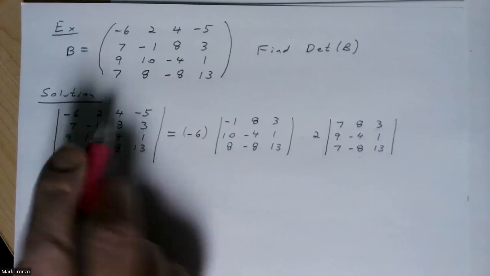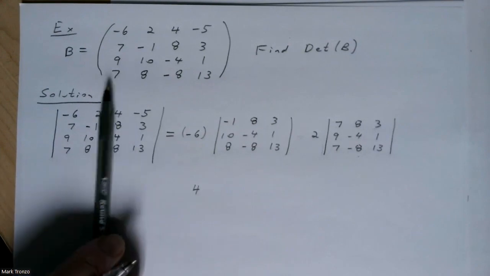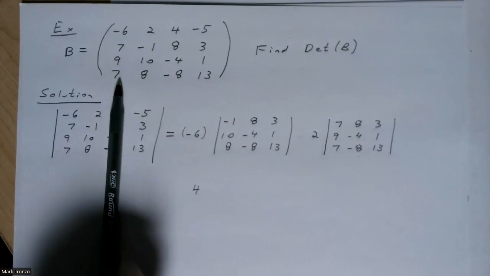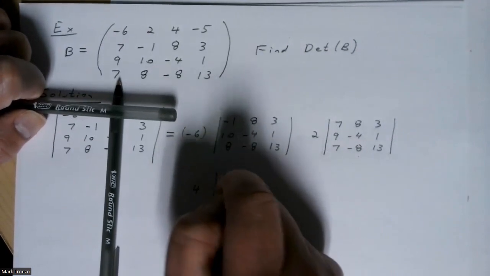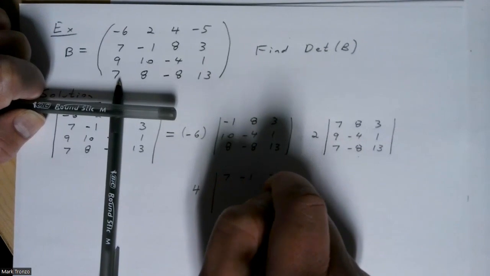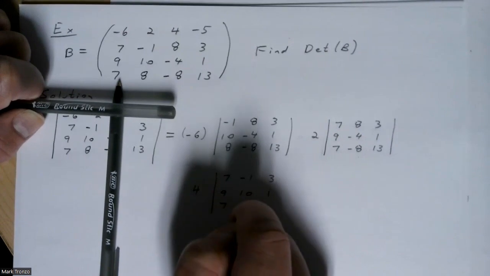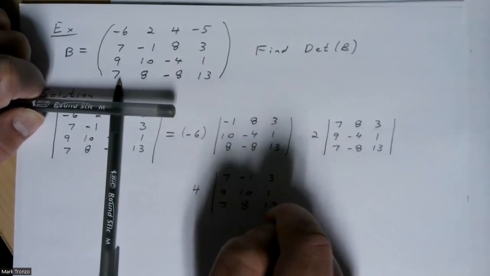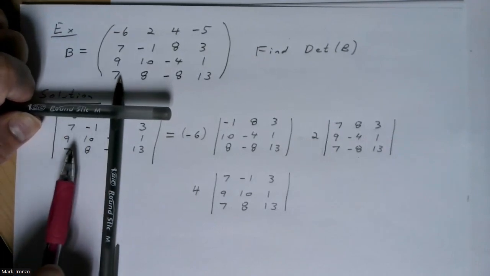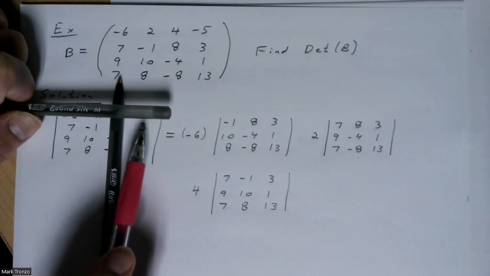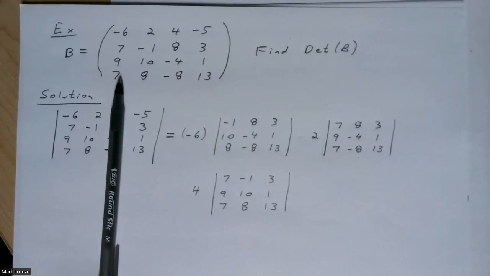So go to the next entry in the first row, which is a 4. Then cover up the column and the row that have that 4, and write down what's left as the determinant. Notice you always keep the numbers in order as they appear in the original. So in other words, when you write these down, don't rearrange any of these. So this is, you see 7 minus 1, 3, 9, 10, 1, 7, 8, 13.